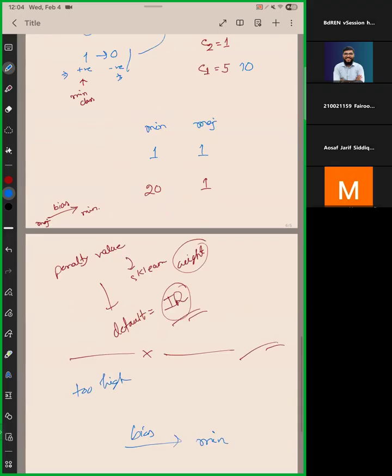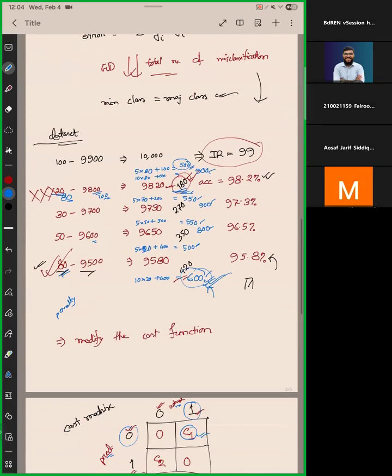You see, if it is too high, the scenario becomes like this: here you have 100, here it becomes 7,000. Do you want this scenario? Is it a good scenario? No sir. No, because this is perfect, but there are now too many misclassifications, almost 3,000. I don't want even that, because this is also an error, and this is also bad. Maybe not as sensitive as this one, but it is also pretty bad.